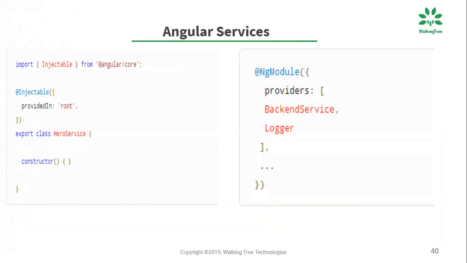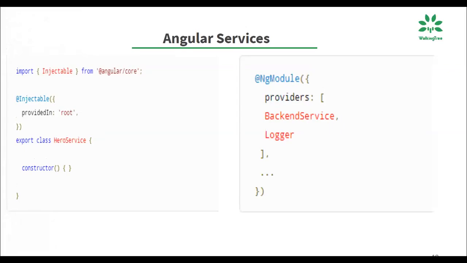Whenever we use Injectable, Angular will understand that we need to make this service a singleton, and according to the providedIn option, Angular's providers will make sure it is provided at the module level. So these are all what we call metadata. I hope I answered the question.